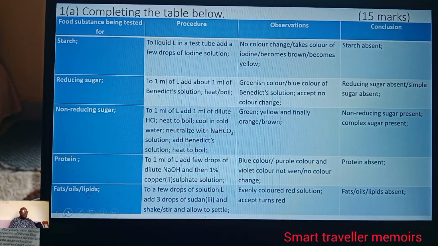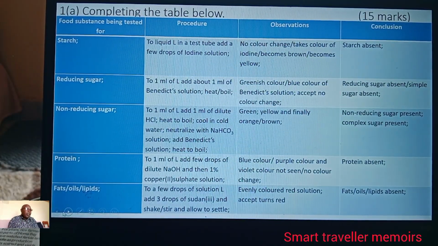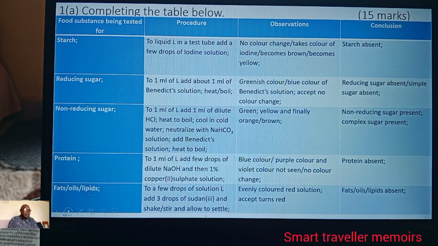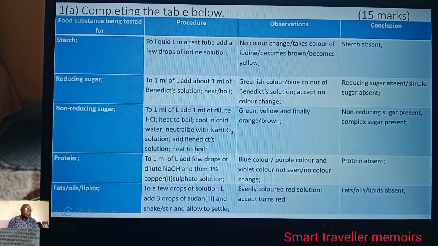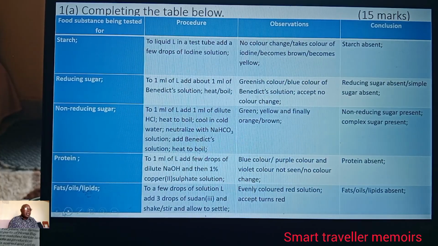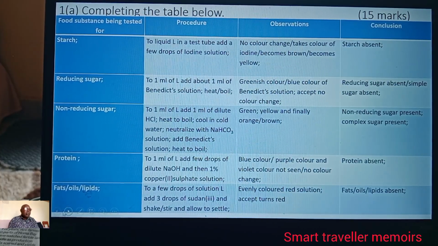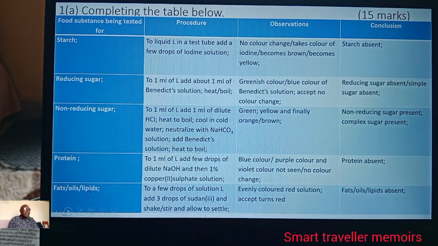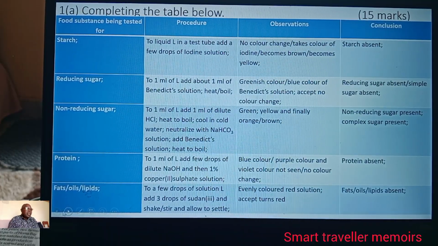Now, let's come to the answers of question 1. So we go to question 1A, and that is filling the table. So, food substance being tested for, starch. Procedure, to liquid L in a test tube add a few drops of iodine solution.